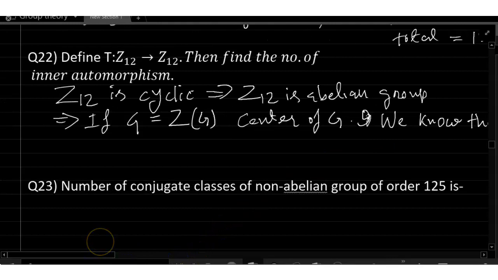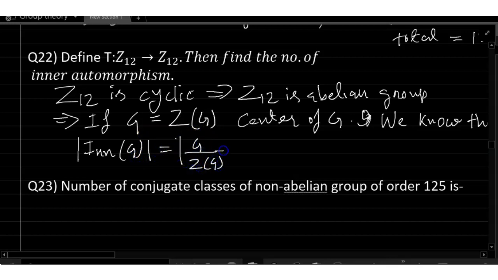So mod of the inner group is equal to order of G divided by Z(G). So this value is 1. So my answer is 1.